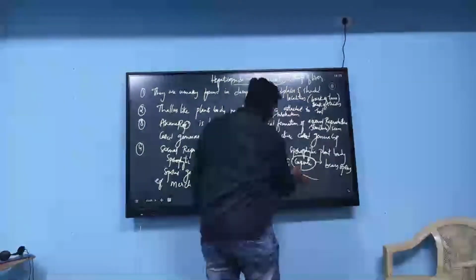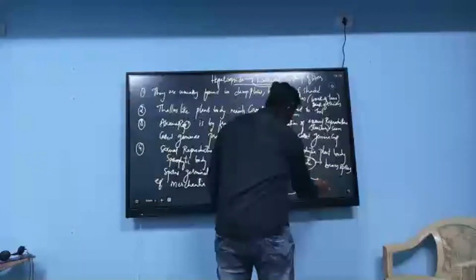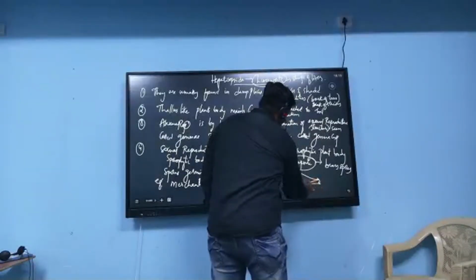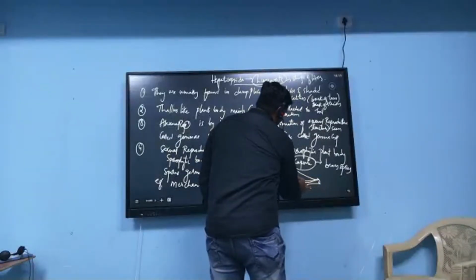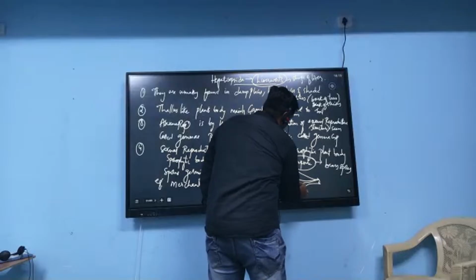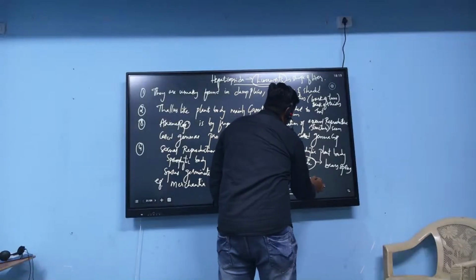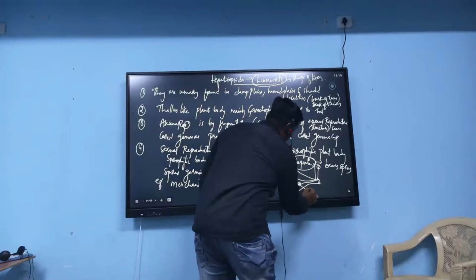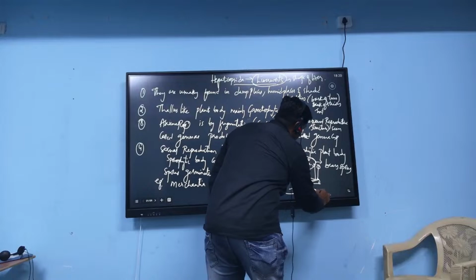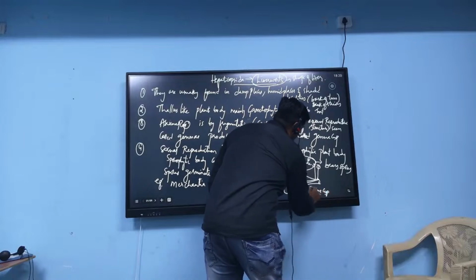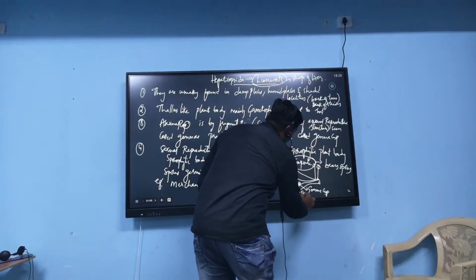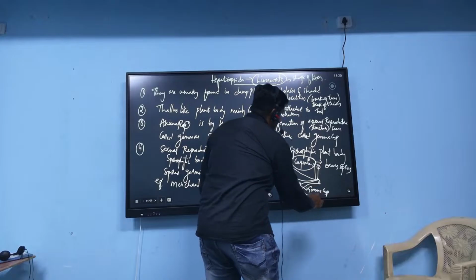The structure of this plant body is a liver like structure. They have a small cup like structure, the gemma cup, in which gemmae, the asexual reproductive structures, are seen.